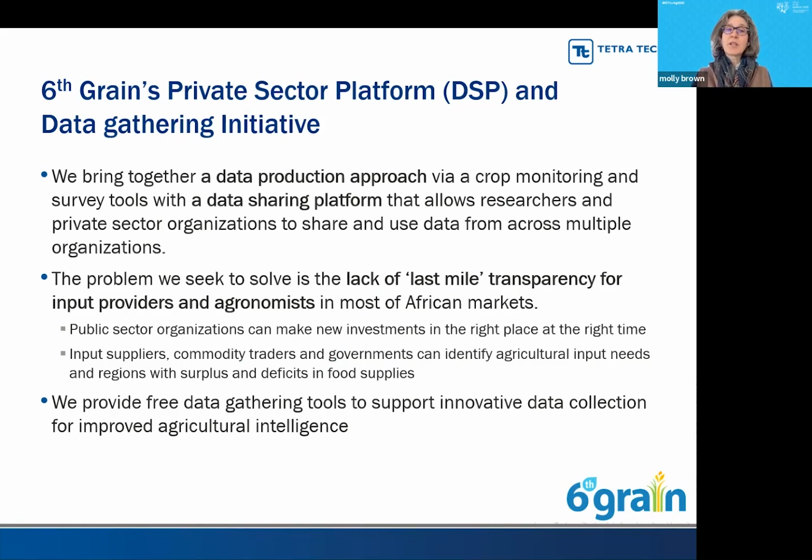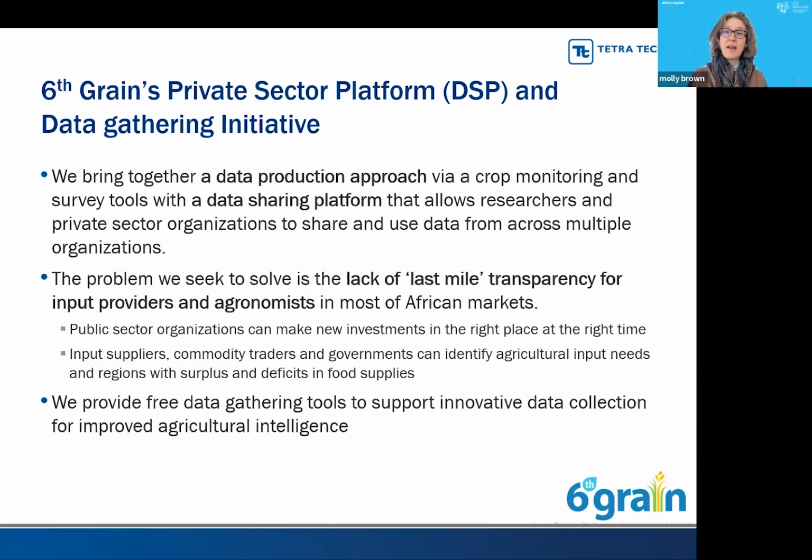We've also looked at ways of gathering new data in order to solve the problem of last mile transparency. Many organizations working in the agriculture space across Africa really have no insight into who's using their products, who's buying their hybrid seeds, and where they end up.